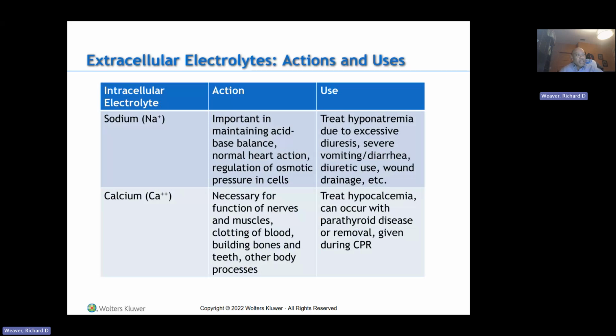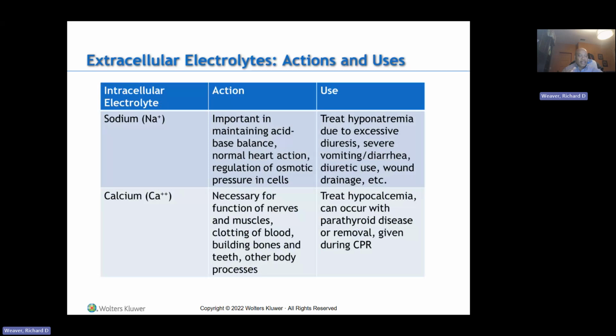And so we give this medication to treat hypocalcemia. It can also occur with parathyroid disease or removal. So remember the parathyroid, not the thyroid, but the parathyroid that sits behind the thyroid gland. It helps to maintain phosphorus and calcium. All right. And if the phosphorus levels are high, because there's an inverse relationship, then the calcium is low.